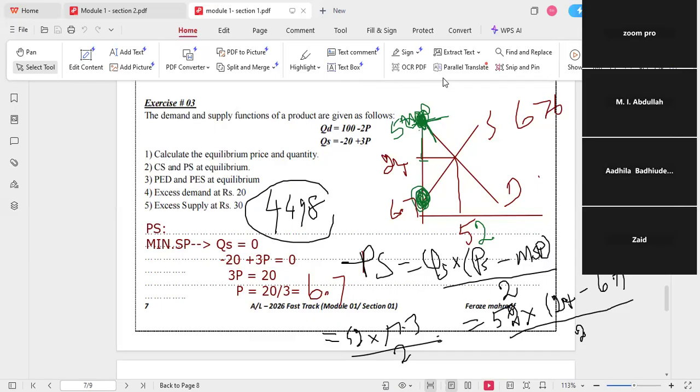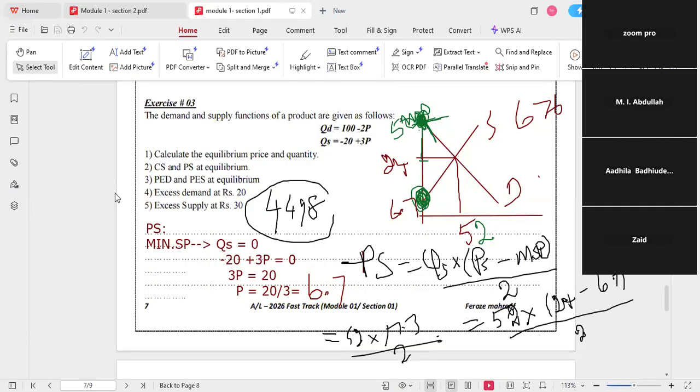So first question, equilibrium price and quantity we have done. Second, consumer surplus and producer surplus at equilibrium also we have done. I hope the CS and PS are clear.